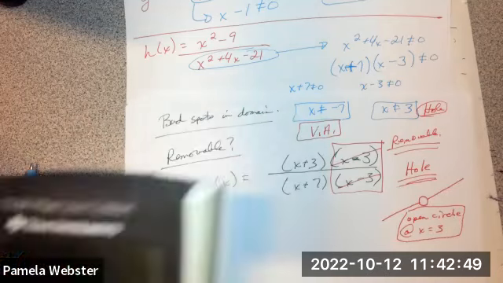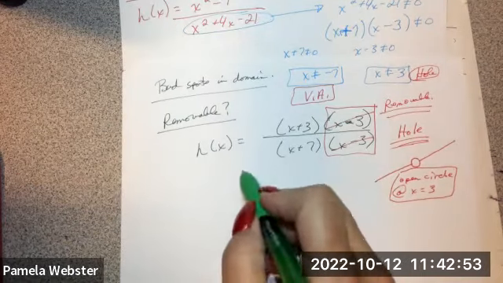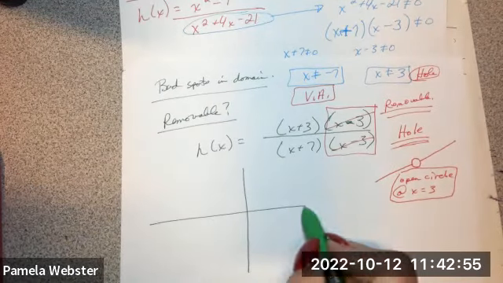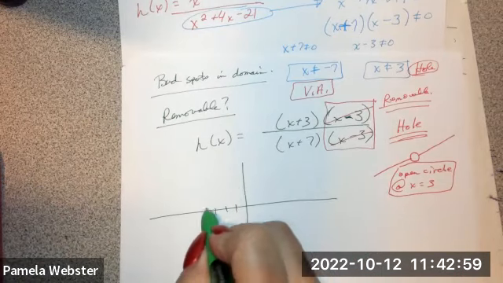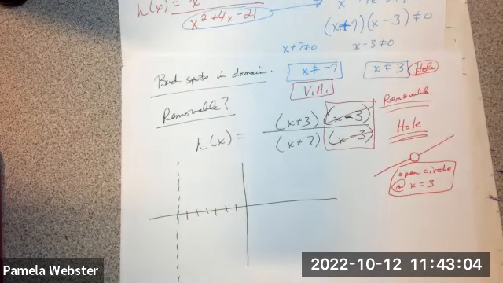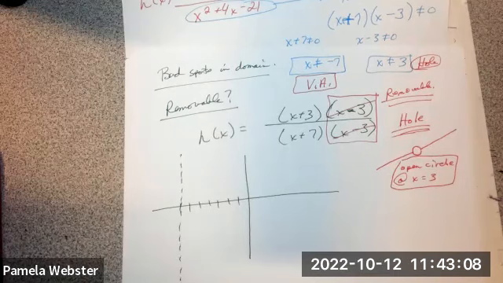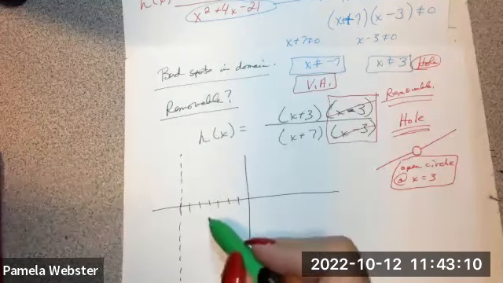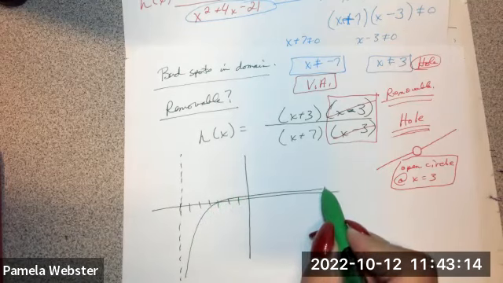Okay. If I was graphing this one by hand, it would look like this. Okay. I've got -7. There's my vertical asymptote at -7. Okay, and then the graph comes up and it looks like this. I don't know exactly where it crosses.